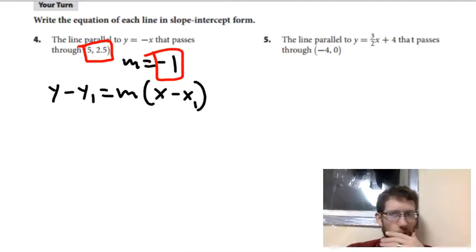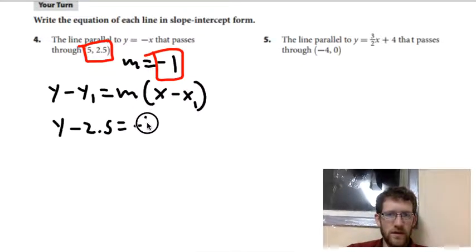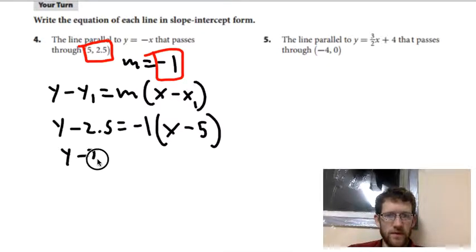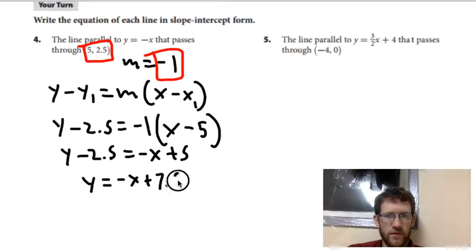This is my m, and I just straight plug it in. So y minus 2.5 equals negative 1, I can distribute later, x minus 5. Y minus 2.5 equals negative 1 times x is negative x. Negative 1 times negative 5 is positive 5. Y equals negative x plus 7.5.